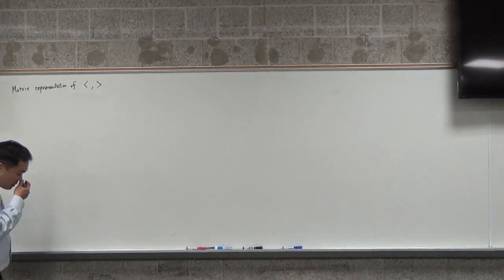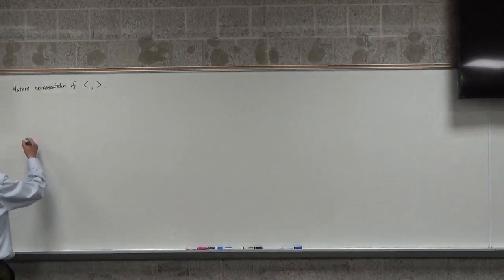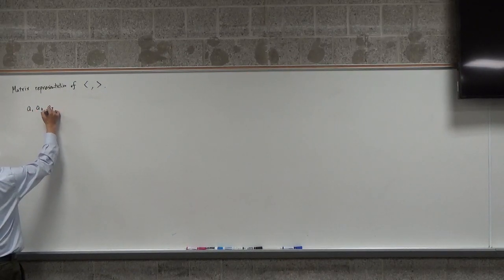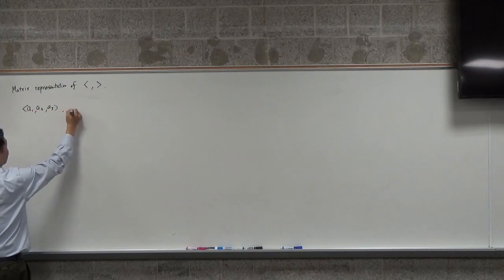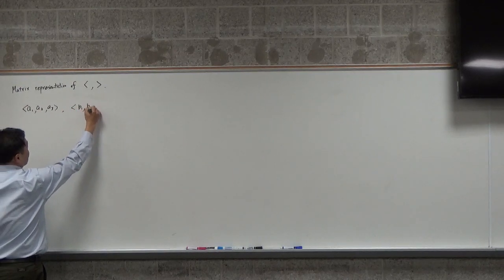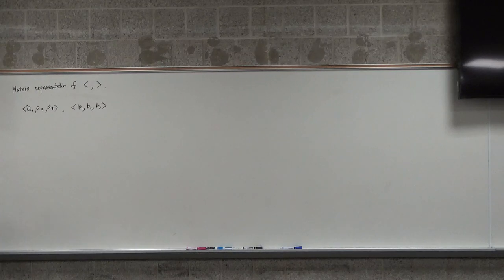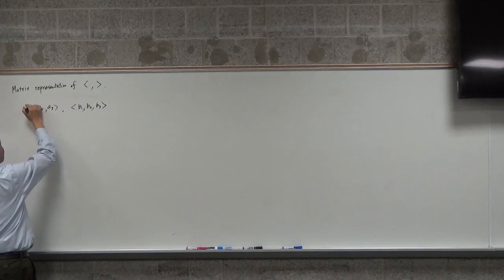All right. So if I have vector A1, A2, A3, and another vector B1, B2, B3, then the dot product between them is A1 times B1, A2 times B2, and A3 times B3.